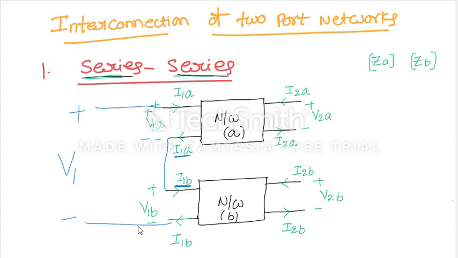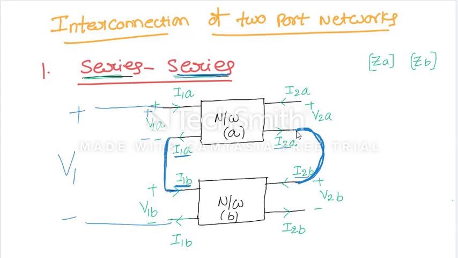Now how is the connection here? The same current is passing through this connection, but the voltage is dividing. So the input port is a series connection and the second port is also a series connection. Here this current and this current must be the same, so I will make this connection like this.